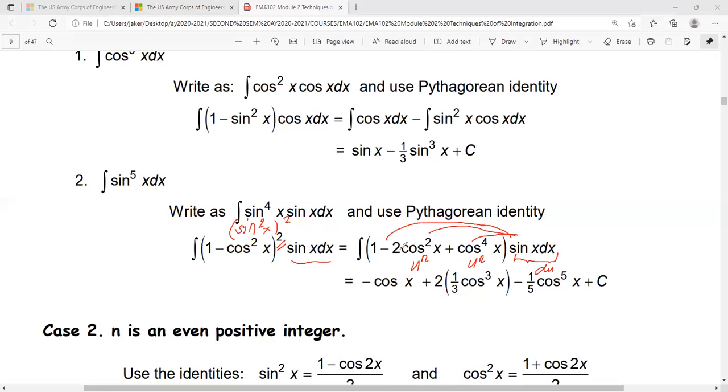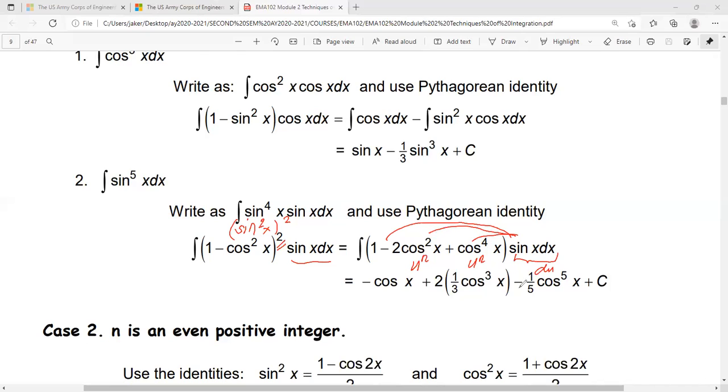If you use the power rule for this one, knowing that the derivative of the cosine is negative sine, you make use of this negative here to go with your sine x dx. So you just use the power rule for cosine squared of x, which is cosine cube of x divided by 3. The 2, which is a constant, is simply multiplied to whatever is our answer here after we use the power rule.